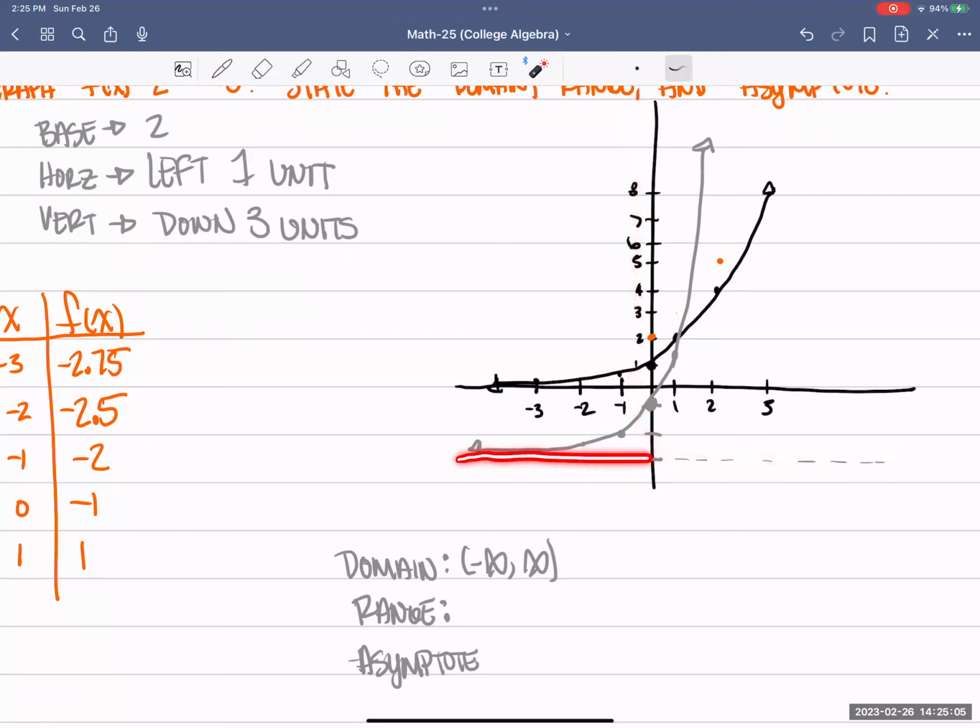It starts here, gets really close to our horizontal asymptote. Parentheses, because it never actually touches the asymptote. And that is at -3, and we go all the way up to infinity. Asymptote again is y equals -3.